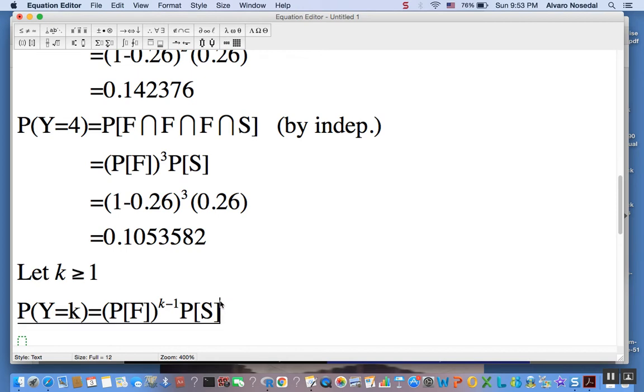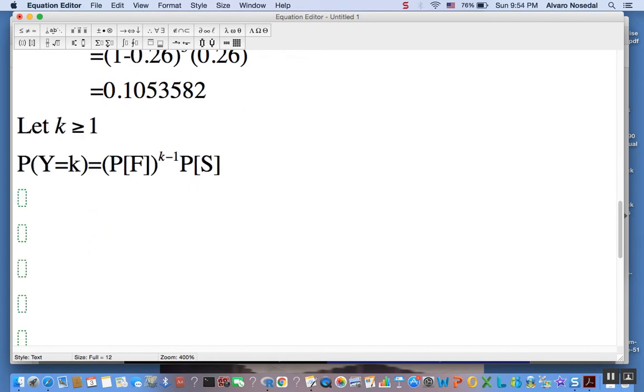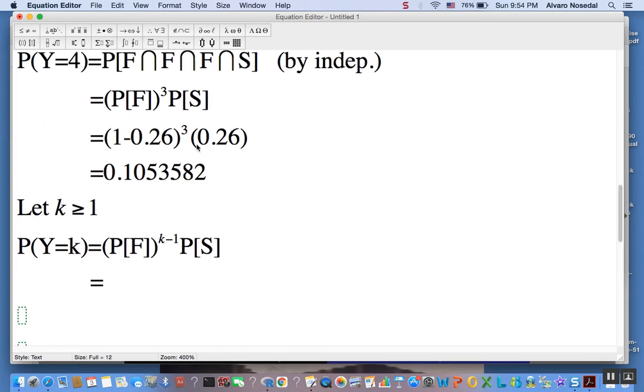And the last one was a success, which means that this probability will be given by 1 minus 0.26 to the k minus 1 power times 0.26.